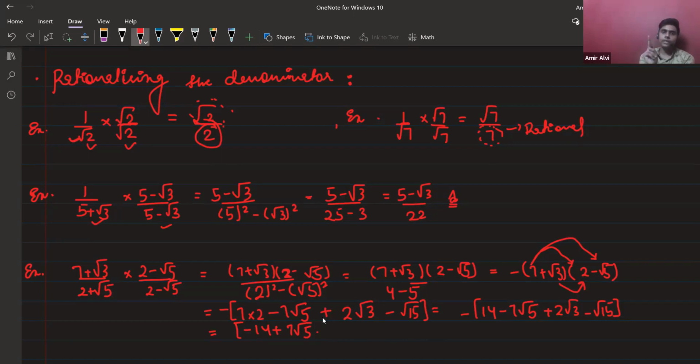Simrat, when the signs are opposite, minus and plus or plus and minus, negative will always be there. If the two signs are the same, then positive will be there. So minus plus minus, 2 root 3 minus, minus plus.